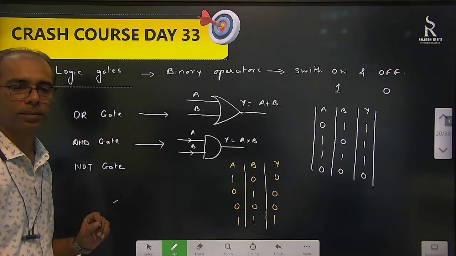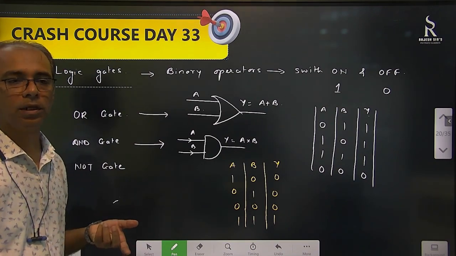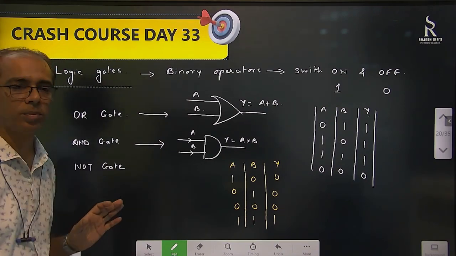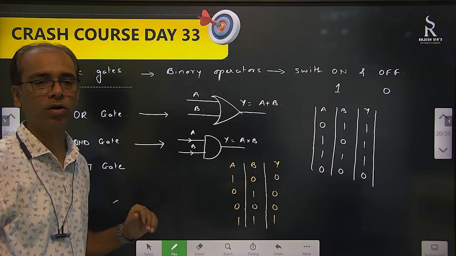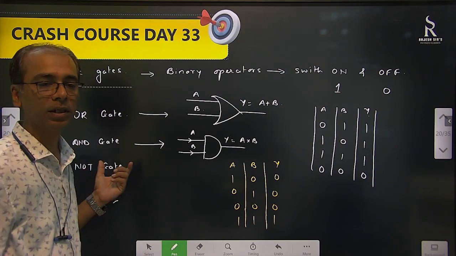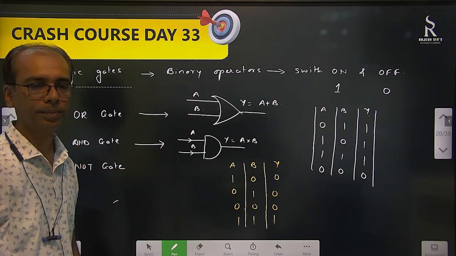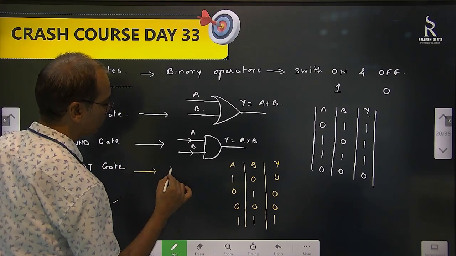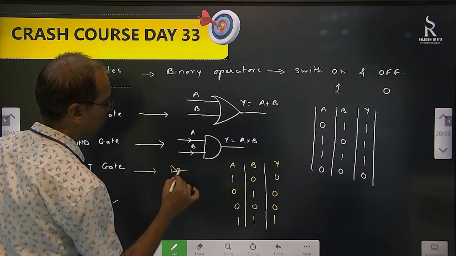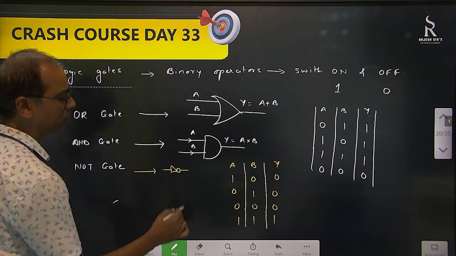NOT gate is what? It changes the input. If suppose the input is coming as switch on, then it will make it switch off. If it is switch off, it will make it switch on. That means it is the property of the NOT gate to reverse the signal. How to show this one? We show it like this, or sometimes only this dot will be shown.